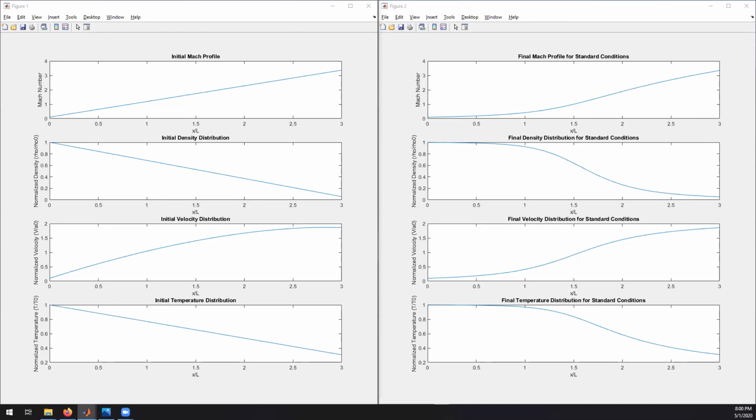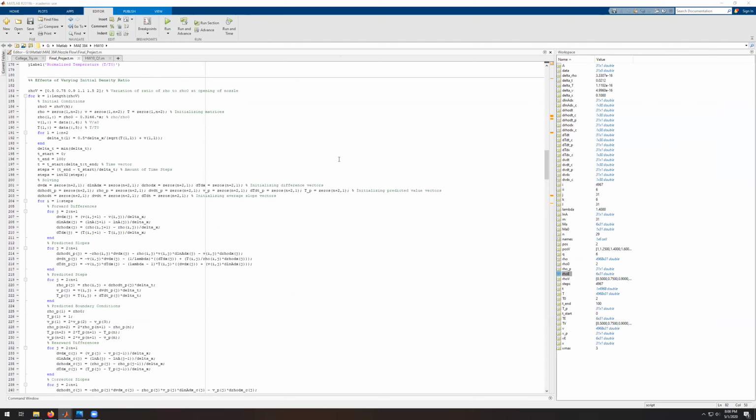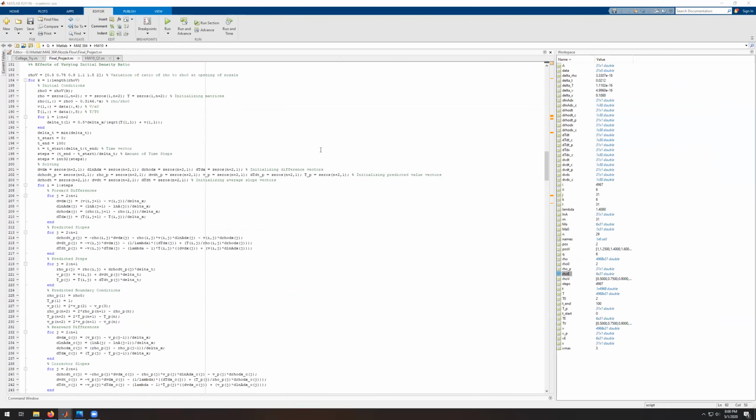And that is it for the standard conditions. I did, however, go in and vary the initial conditions because I wanted to see how this model would react to that. So I took this part here. We're taking the initial density ratio at the inlet and changing it.